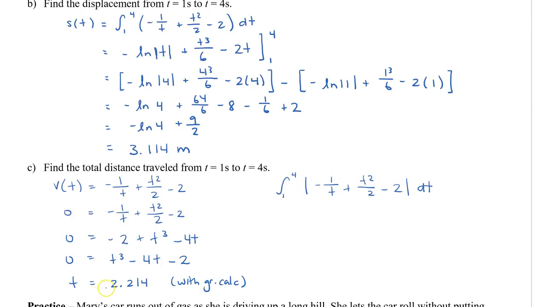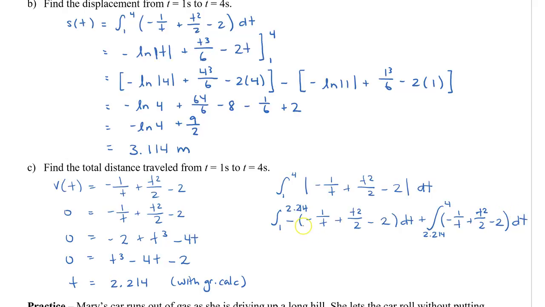Now that I found out where the velocity has stopped, I know that I need to integrate from 1 to 2.214, and we're going to take the negative of this function, dt, plus 2.214 to 4 of negative 1 over t plus t squared over 2 minus 2 dt.